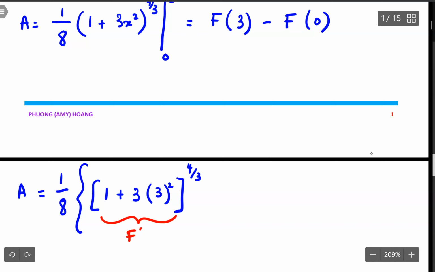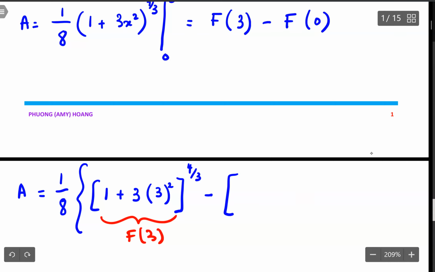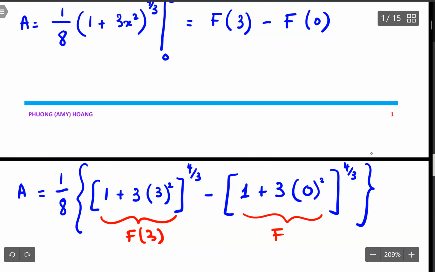Where the x is, we replace that by the number 3. Then I will subtract the F of 0. So I have 1 plus 3 times 0 squared, all of it raised to the exponent 4/3, and close the bracket. This should be F of 0.